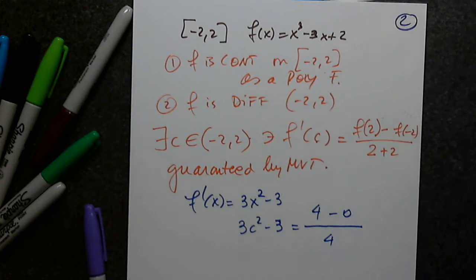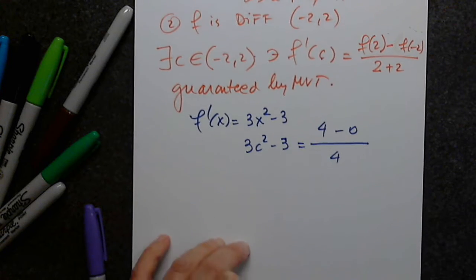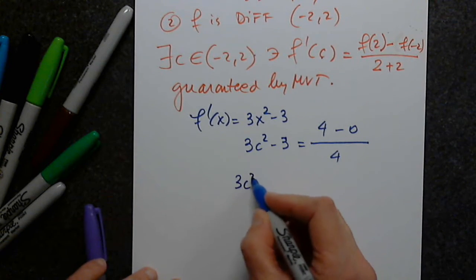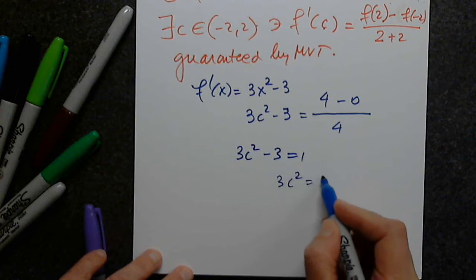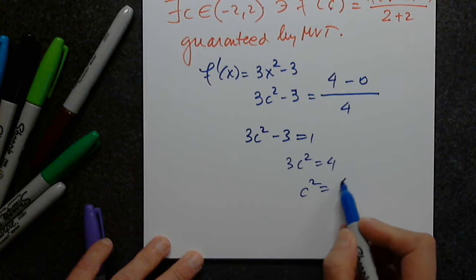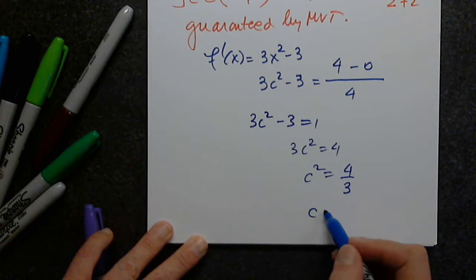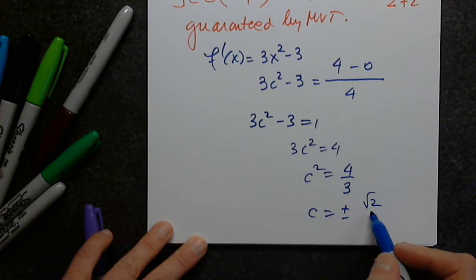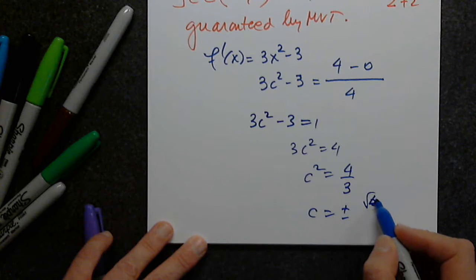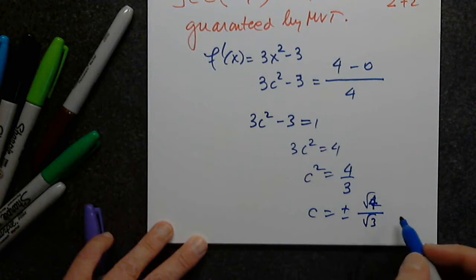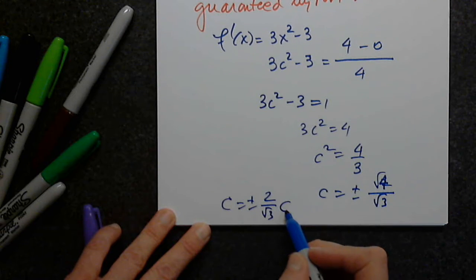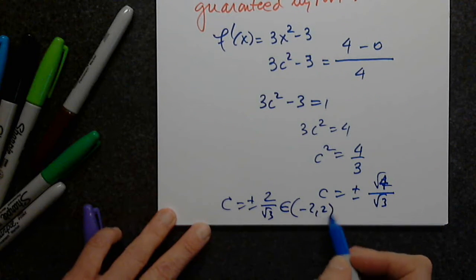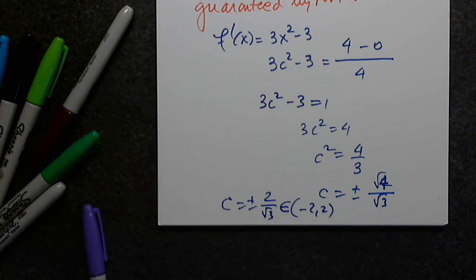So the equation I have to solve is 3c squared minus 3 equals 1, or 3c squared equals 4, or c squared equals 4 over 3, or c equals plus or minus the square root of 4 over the square root of 3, or plus or minus 2 over the square root of 3. But I have to show that this is in between negative 2 and 2, because if it isn't, then I made an error somewhere.